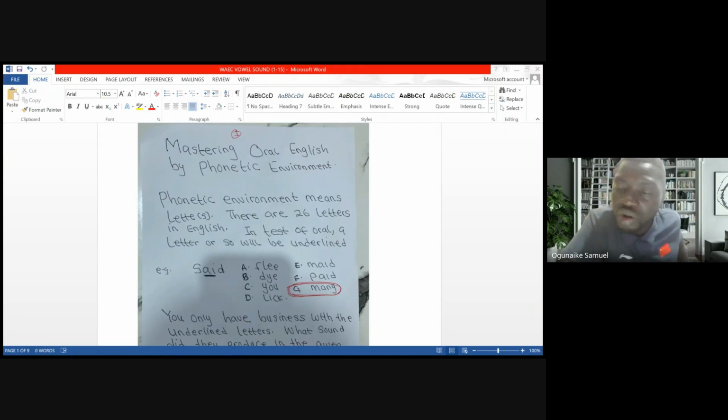Our community, our culture exposed us to the pronunciation of that word in a certain way. I grew up learning it that way, but the word is actually pronounced differently. So it's one of the reasons why we find test of oral difficult, because while we received the language, we didn't receive the pronunciation part of it, or we received it wrongly.